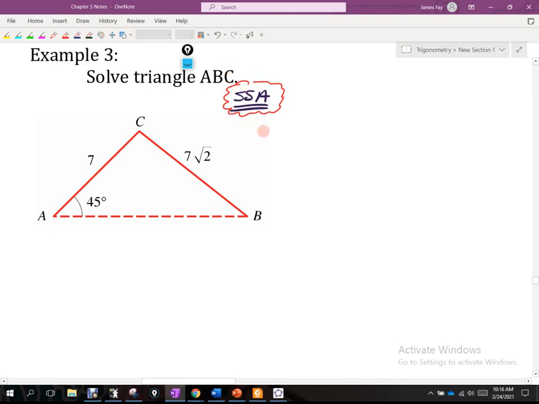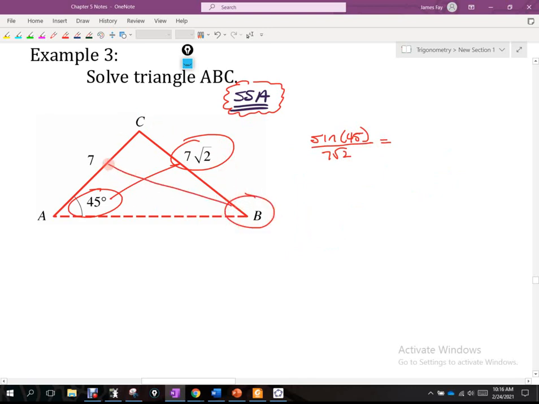So the first thing you're going to do is write down your ratios. Remember our ratios are linked by the sine of the angle over the side opposite. So I'm going to say sine of 45 over 7 radical 2. Those two things are opposite.